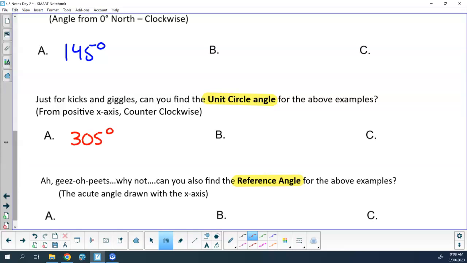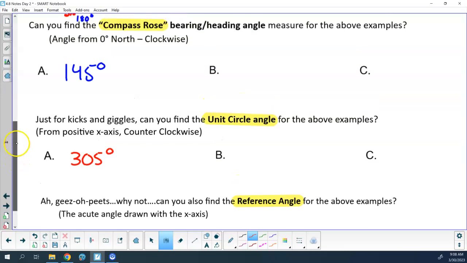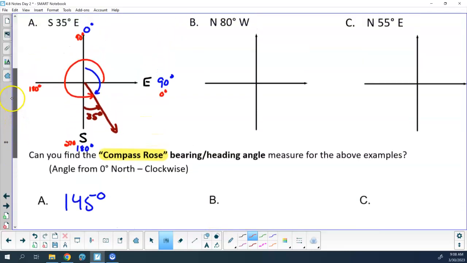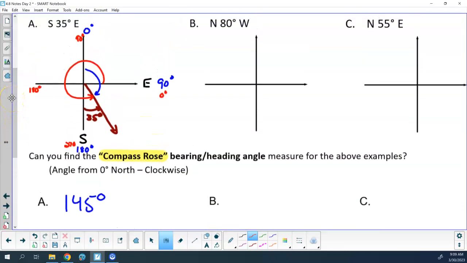We can also identify that angle by its reference angle. What would the reference angle for that one be?